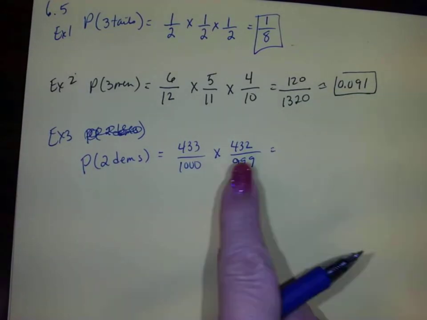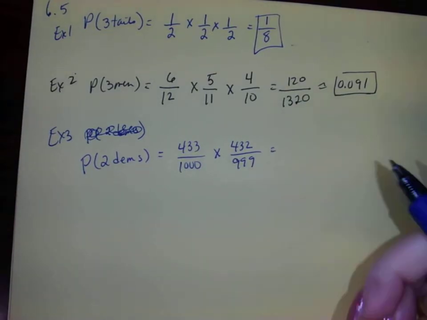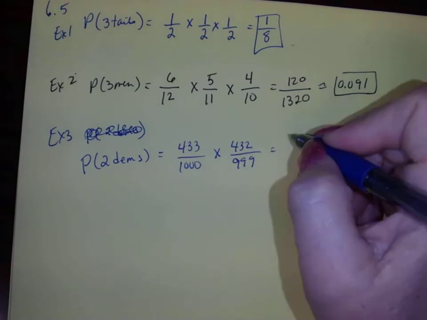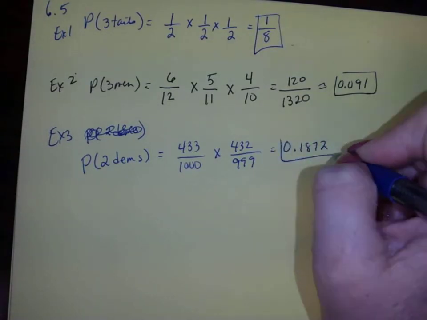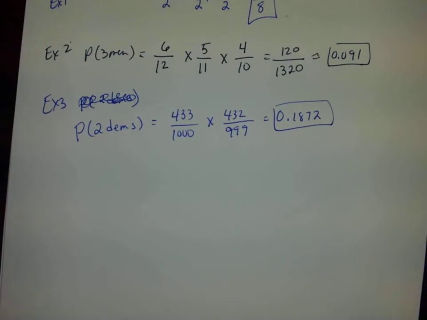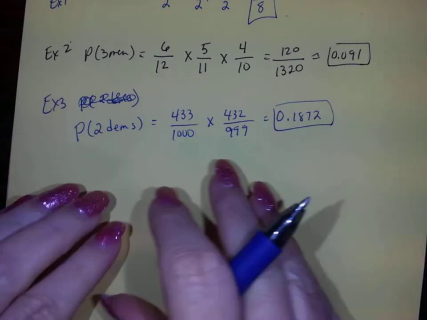Now, when we do this, I'm not going to multiply across. The numbers are going to be really big. So I just put those two in the calculator, and I got 0.1872. All right? Now, let's look at this. That's because of the way that happened.